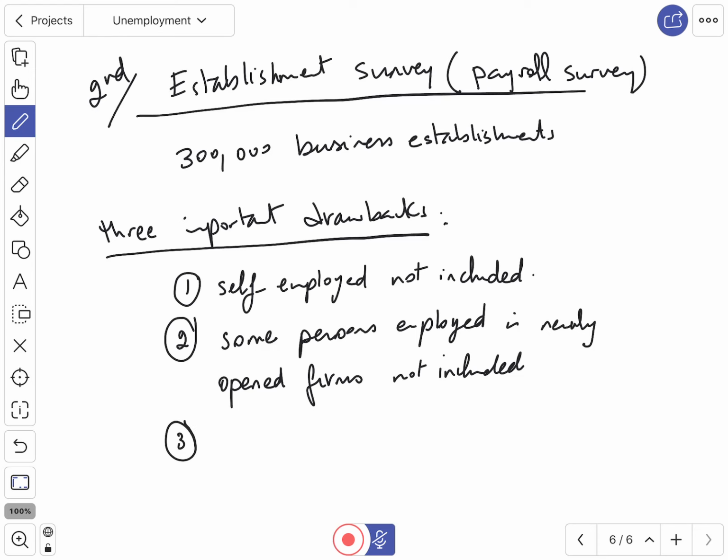And also, as I said, it's all about employment rather than unemployment, so we have no information about unemployment. Okay, so those are the three important drawbacks of using the establishment or the payroll survey.